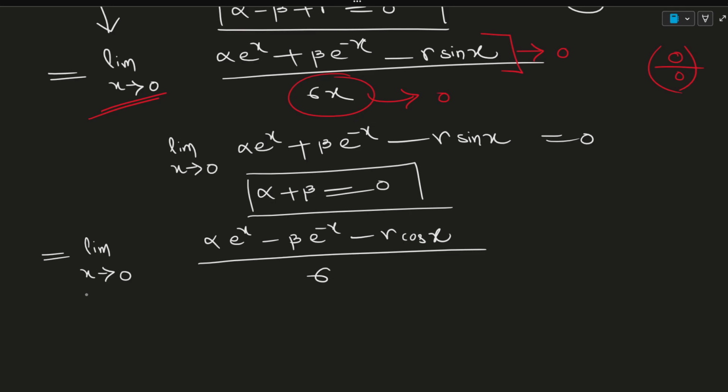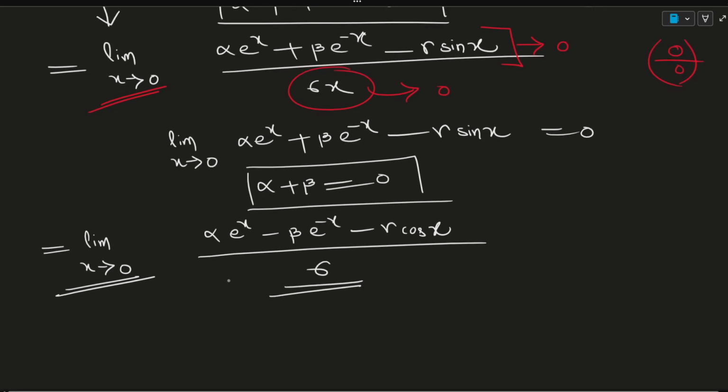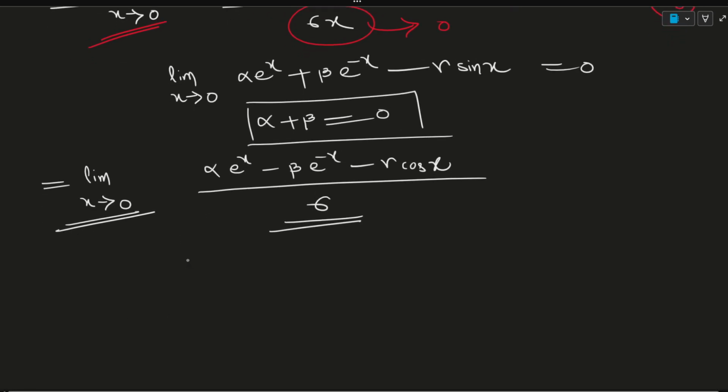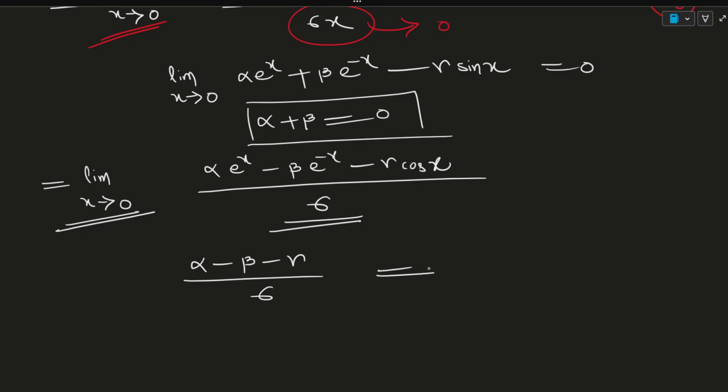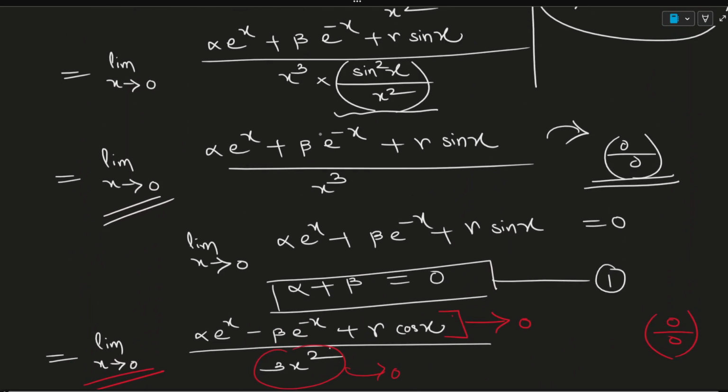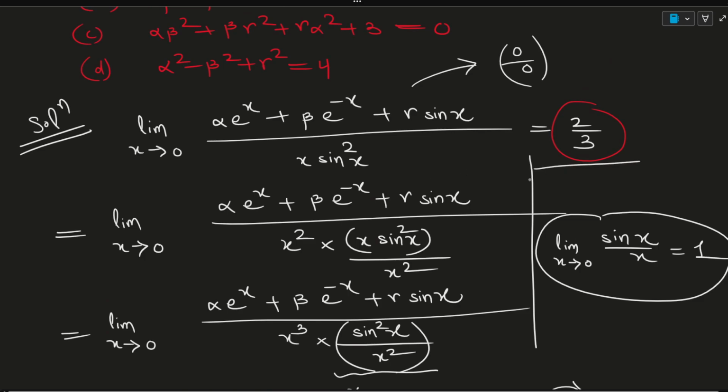So now I can see that when x tends to 0, the denominator is a non-zero value. So we can directly put 0 in place of x. Then it will be alpha minus beta minus gamma divided by 6. Initially we are given that the limit of this function is 2 by 3.